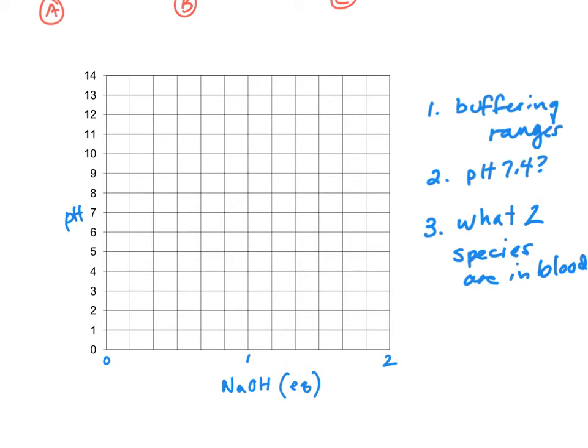Now, remember how we started these? You don't start all the way on the left. You start at the midpoint of the first equivalent. And we're going to go up to 6.3, right at that midpoint equivalence. And we're going to have a nice gentle slope going up like that. We're going to do the same for 10.6 at the midpoint of the second one. Going to have a nice gentle slope going up like that.